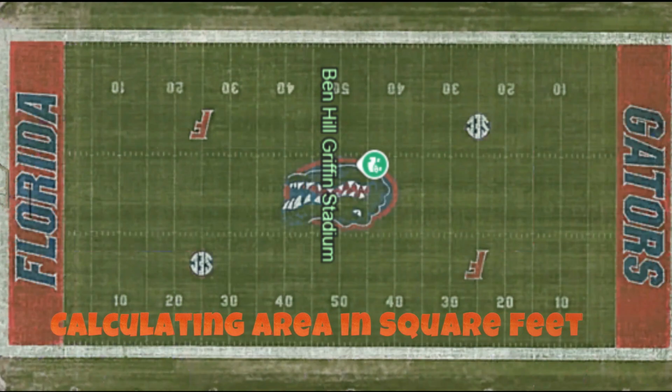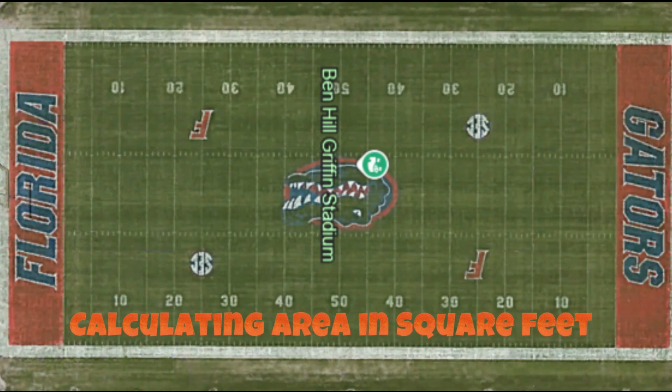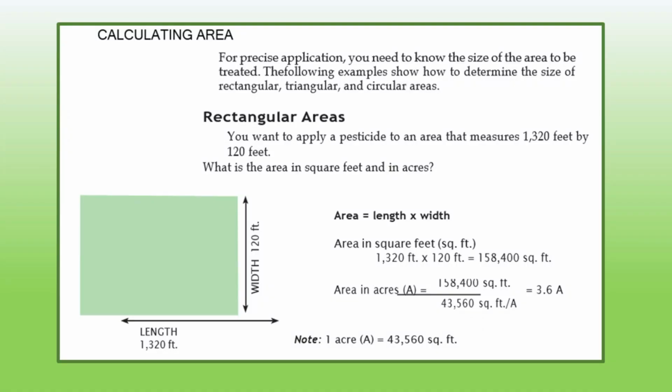Let's take a look at calculating area in square feet. Alright, now that I got my quick Go Gators plug in there, when we talk about calculations, it's important to know calculating areas is going to be a huge thing when it comes to handling pesticides. You're going to need to know how to calculate several different types of areas based on their shape and size.